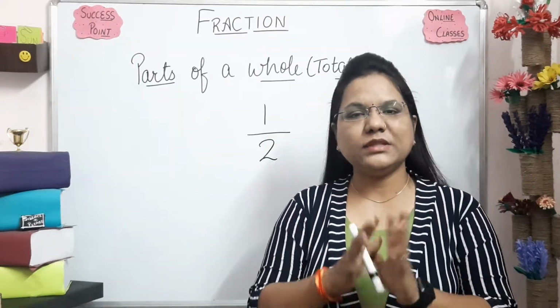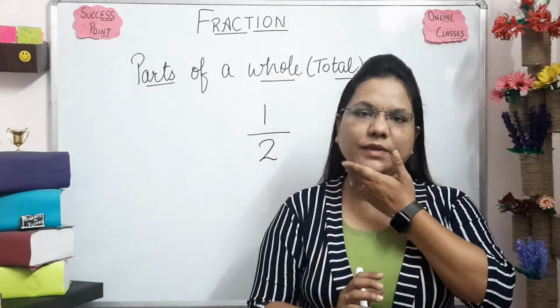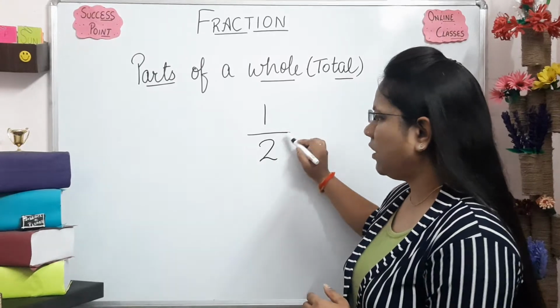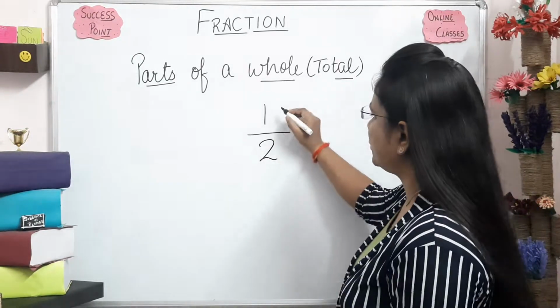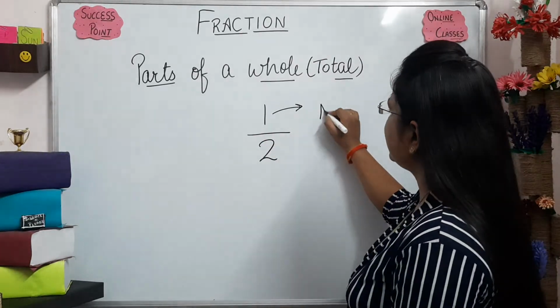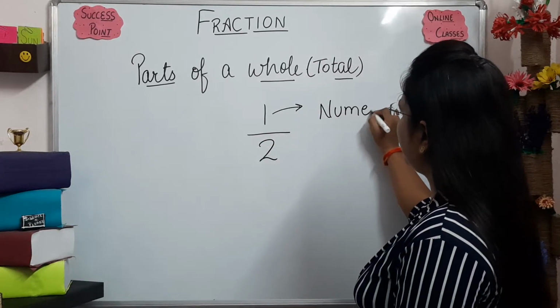We all have names. Let's assign fraction also some names. Now which part we will say? Upper part, down part. So it's good, we will give them naming. Upper part we are calling it as numerator.